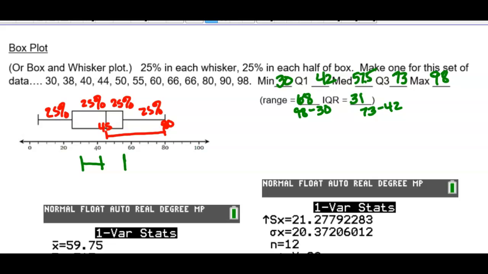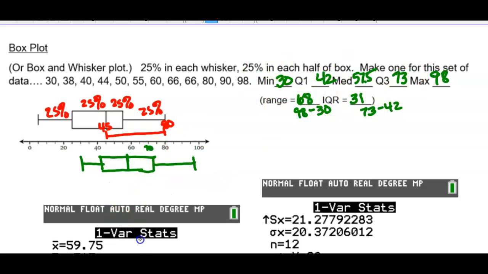Should be a little further to the right. And the Q3 is at 73, so this is 70, 75. It's almost to 75 up here. And then the max is 98, which is almost 100. Okay, so that's how you draw one once you have the data.